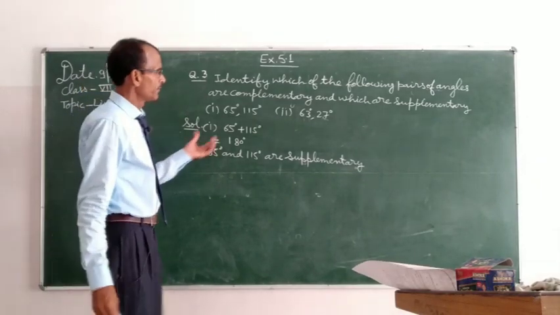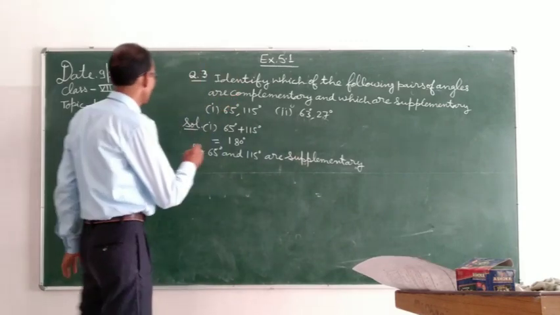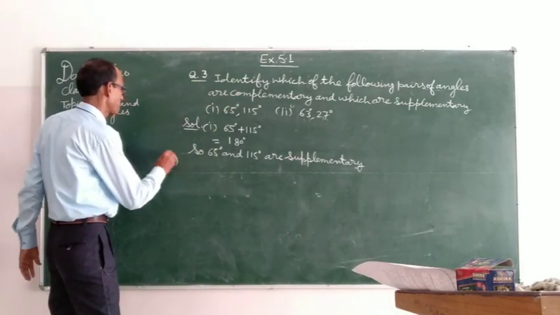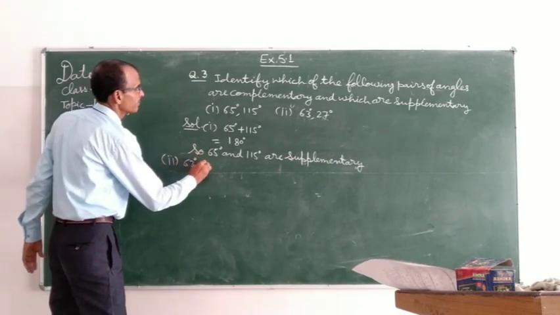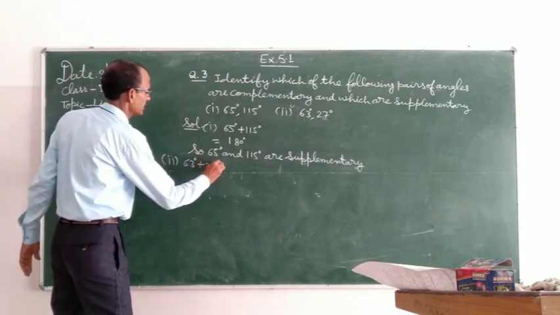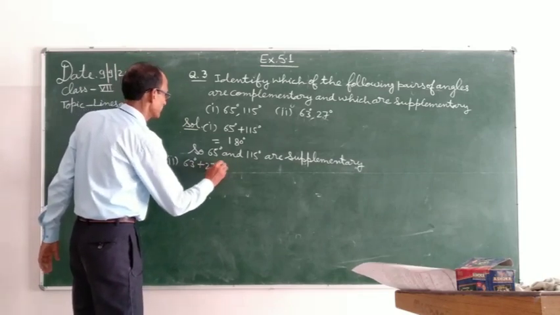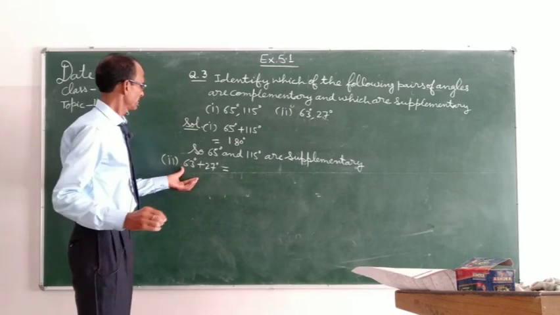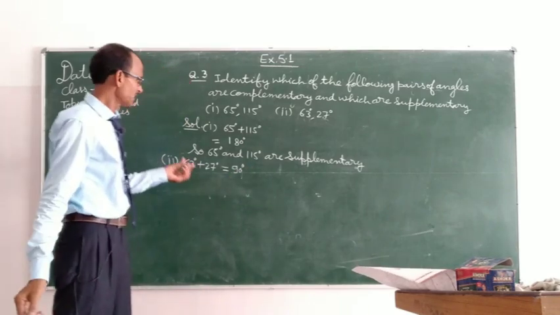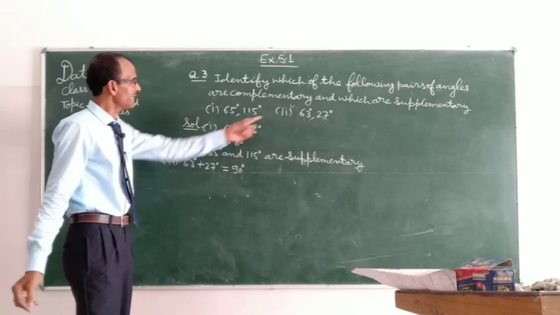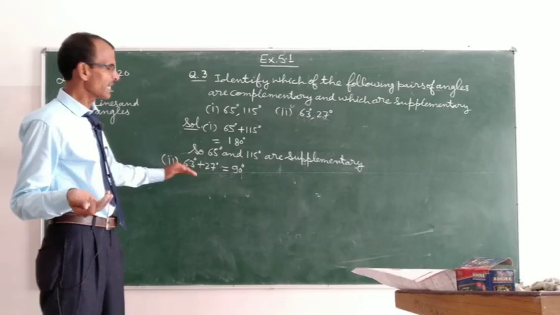Similarly, we will add these two given angles. Sum of 63 degree plus 27 degree, we get how much? 90 degree. Okay? Since the sum of these two given angles is 90 degree, which type of angles are these?